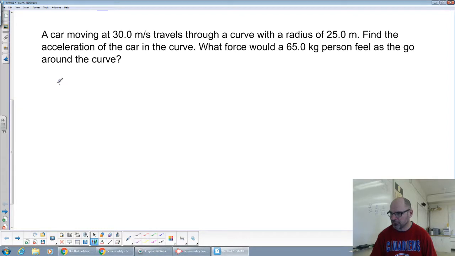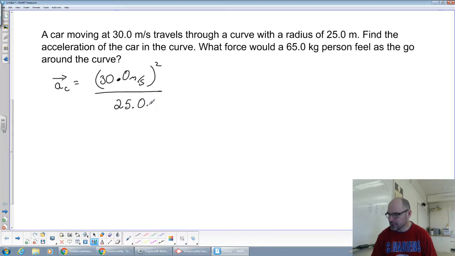The acceleration in the curve is equal to 30 meters a second squared, divided by the radius of 25 meters.